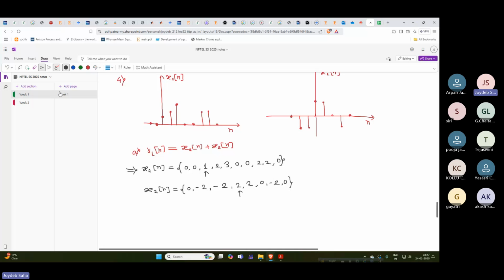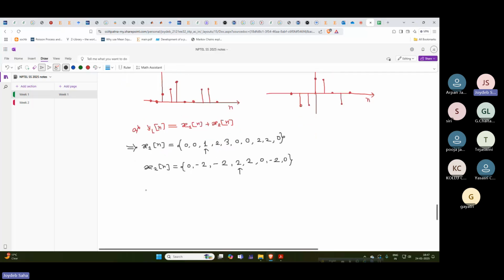So if we want to perform y1[n] is equal to x1[n] plus x2[n], we will just sum up. But how? Look, the index should be the same when we are adding. Listen to it carefully. We will add index wise.